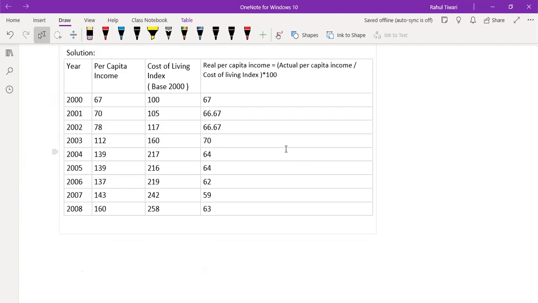If you want, then next class we can solve 1-2 problems based on this, I think on Wednesday, next Wednesday.